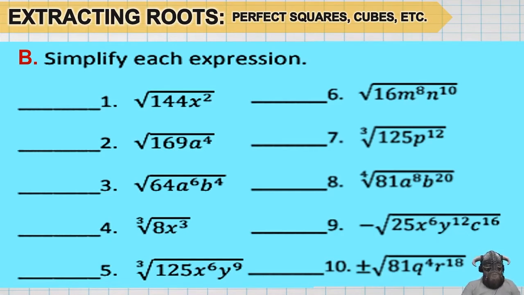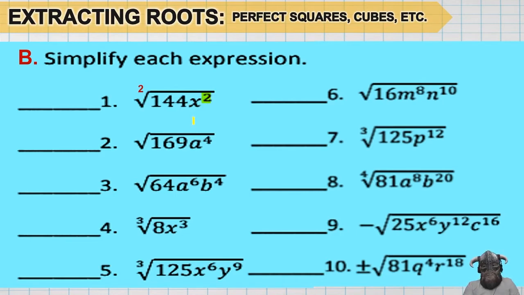So, for us to simplify them, kukuhain natin yung mga roots nila. So, on number 1, we are asked to find the square root of 144x squared. So, dito, kukuhain natin separately yung square root ni 144 tsaka square root ni x squared. Ang square root ni 144 ay 12. And then, para makuha natin yung square root ni x squared, i-divide lang natin yung exponent na 2 doon sa ating index.